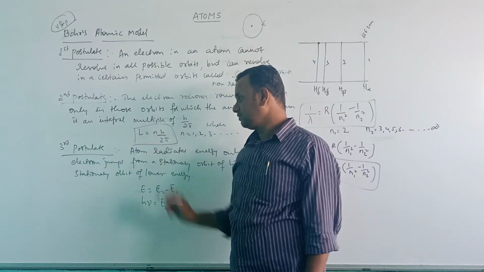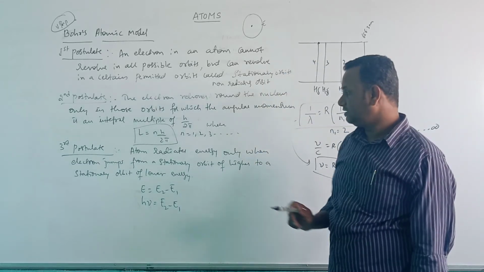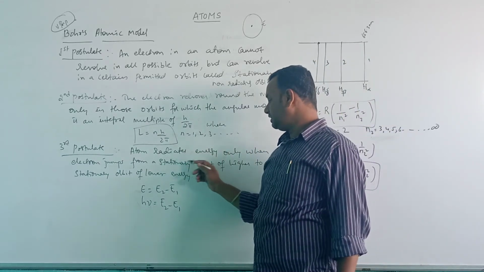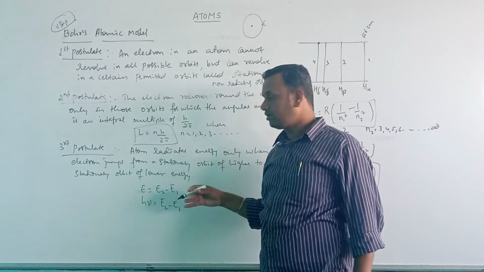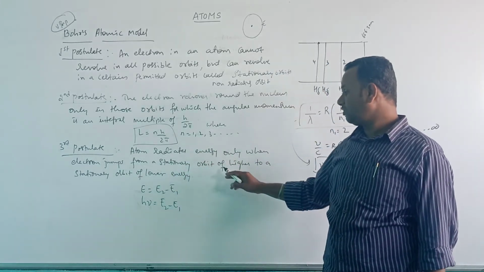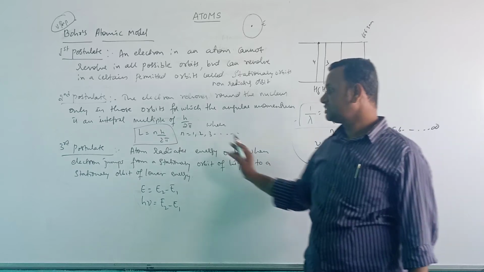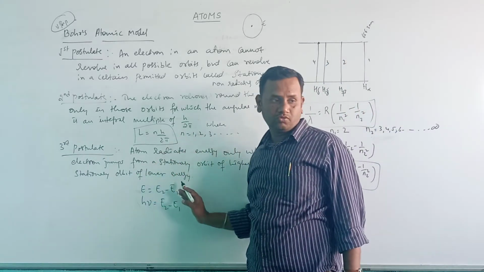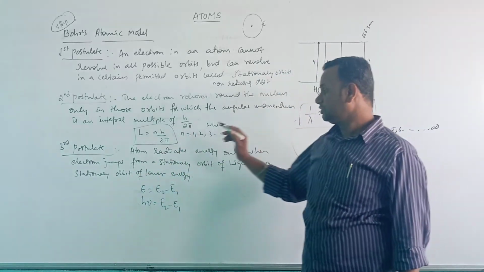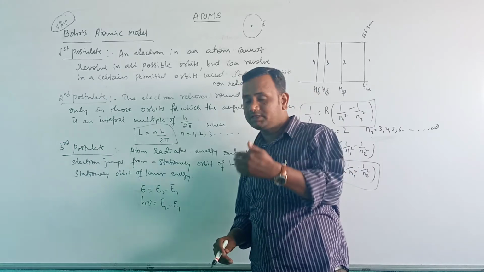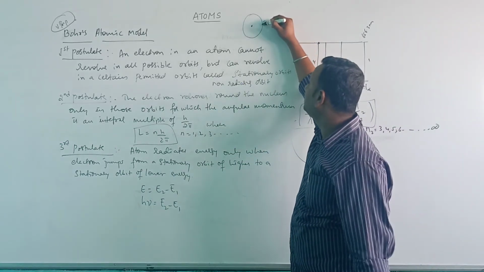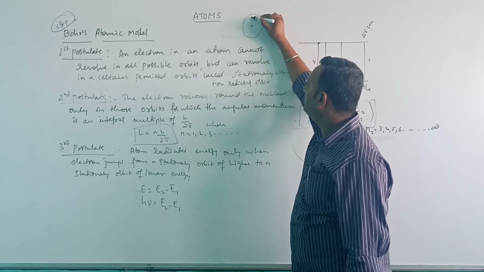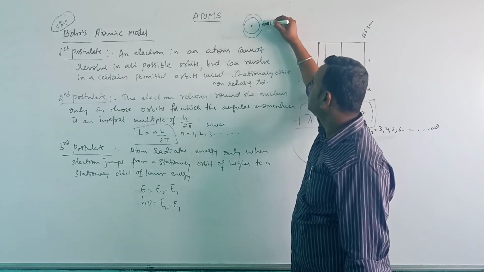Third postulate: an atom radiates energy only when an electron jumps from a stationary orbit of higher energy to a stationary orbit of lower energy. Say this is the higher orbit and this is the lower orbit.